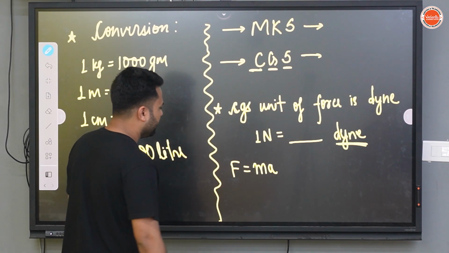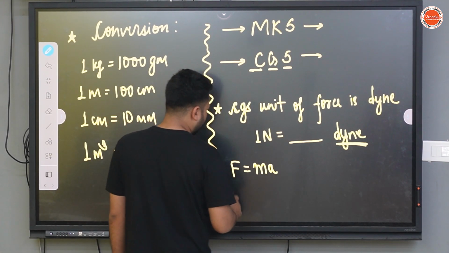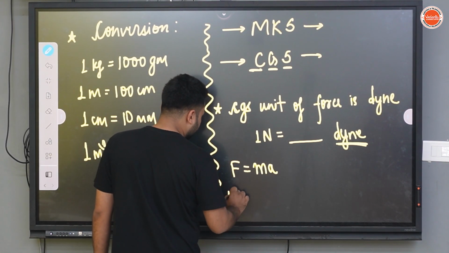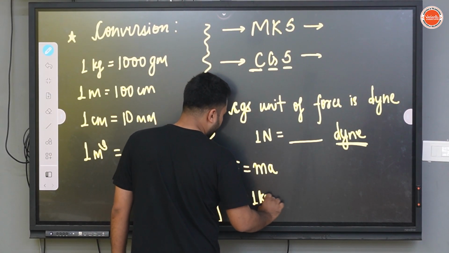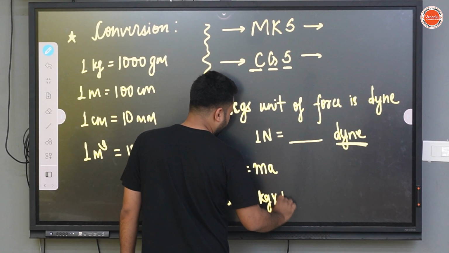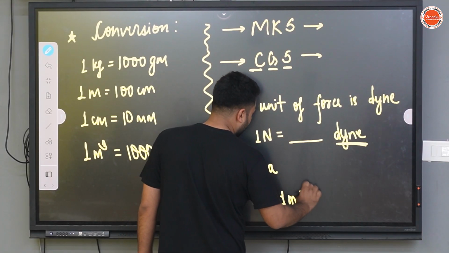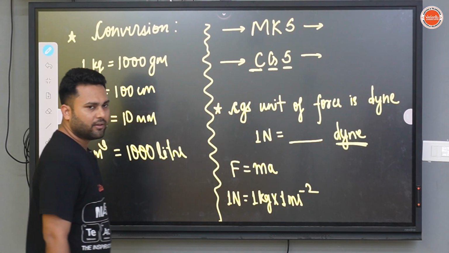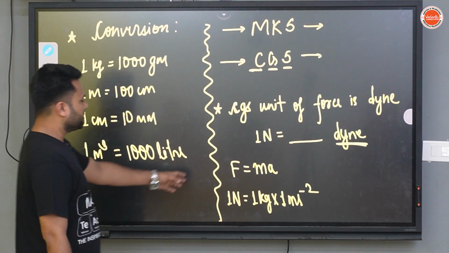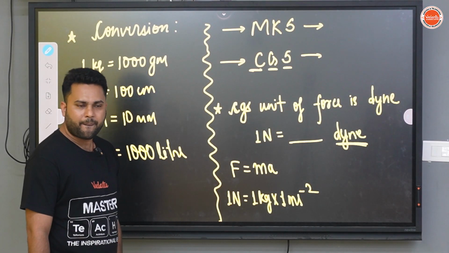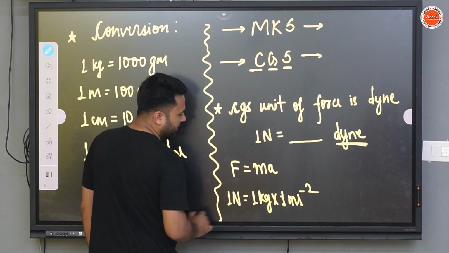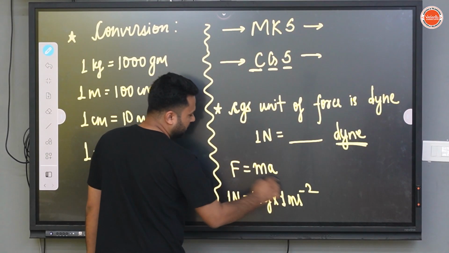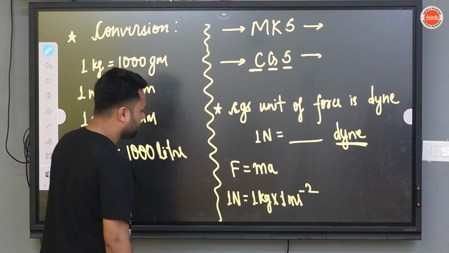So for 1 Newton force, can I write 1 kg mass and acceleration 1 meter per second square? Force equals mass into acceleration.